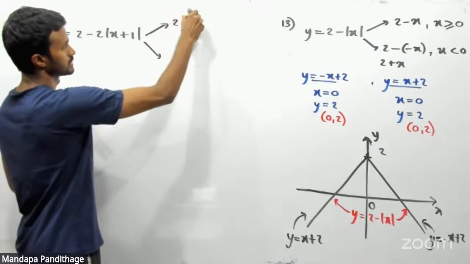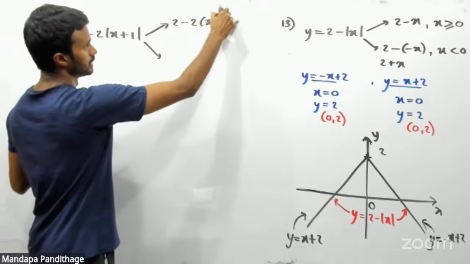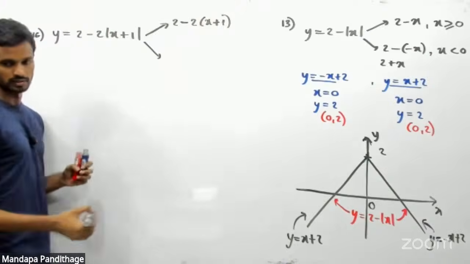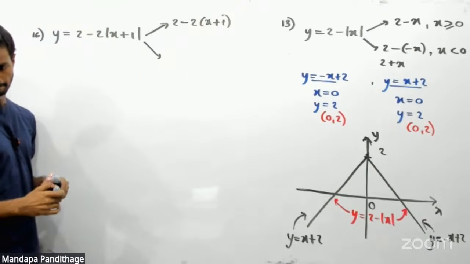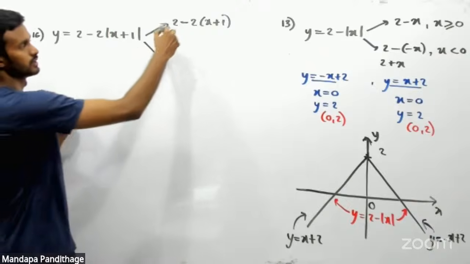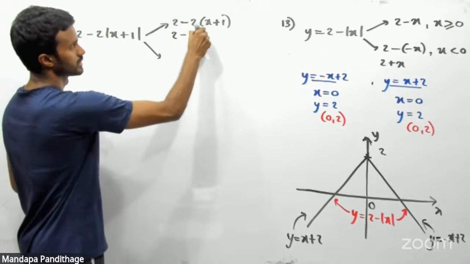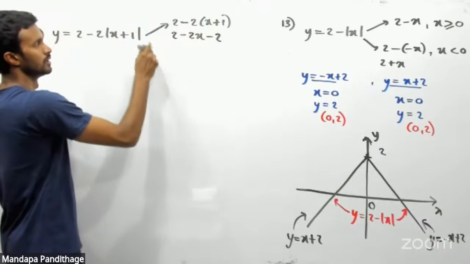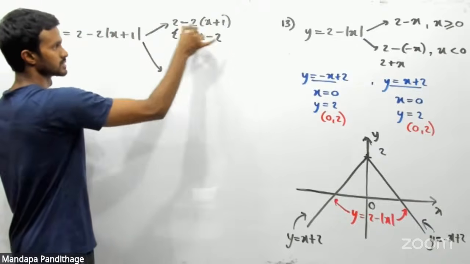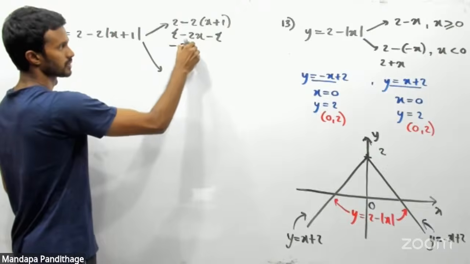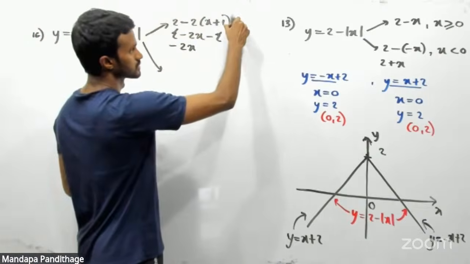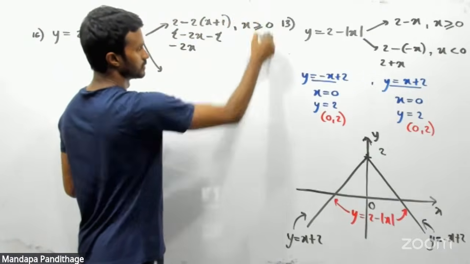We have 2 minus 2 times x plus 1. So here we have 2 minus 2x minus 2. And then you can see these two cancel off, which gives me minus 2x. So I'm getting y equals minus 2x when x is greater than or equal to 0.